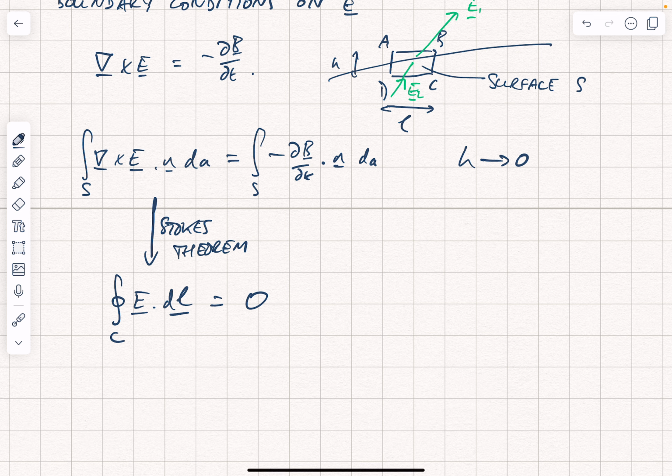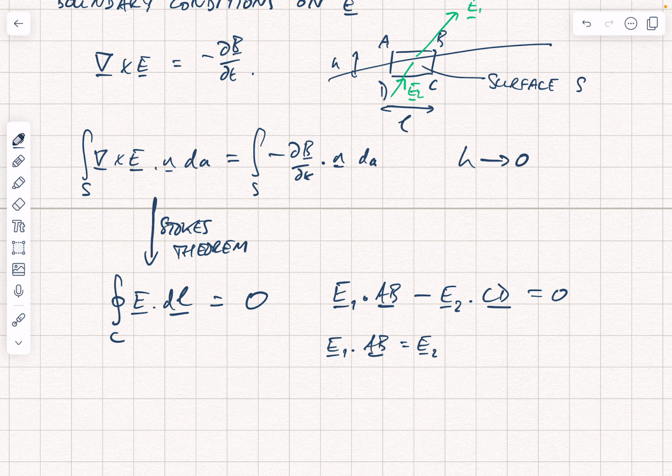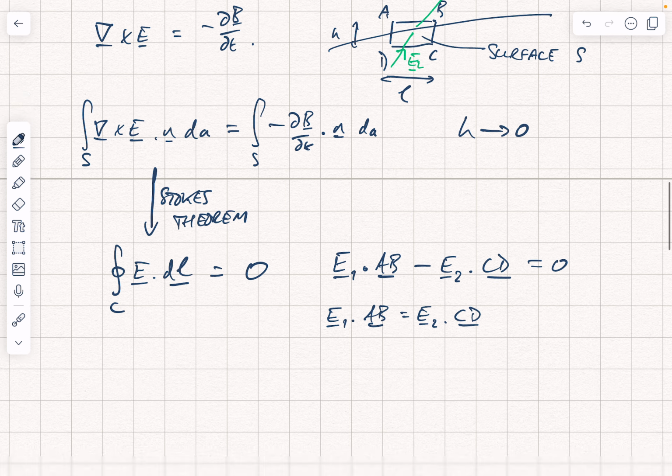So actually all we have is E1 dotted with AB minus E2 dotted with CD, and the minus sign comes there because again we're going around in a different direction. That's equal to 0. And so this tells us that E1 dot AB is equal to E2 dot CD.